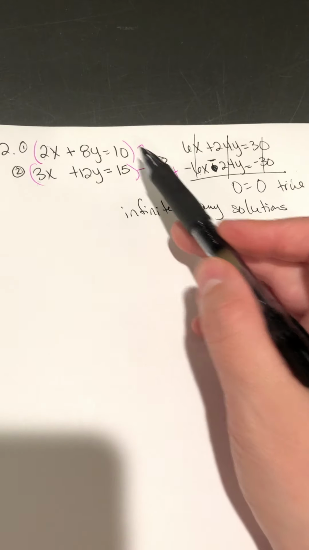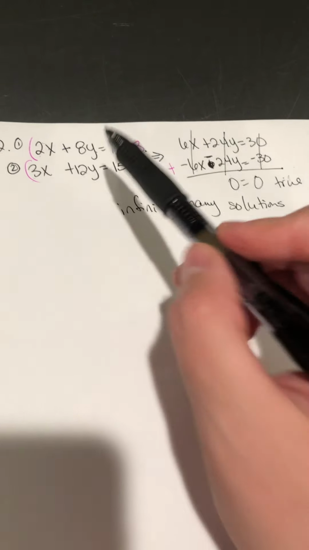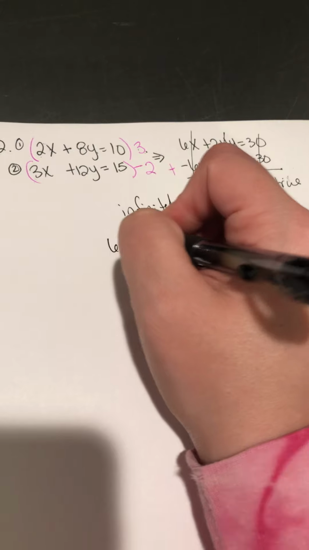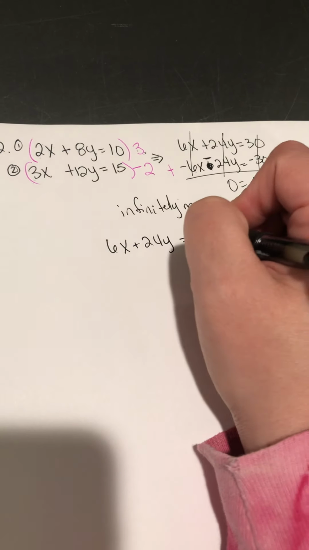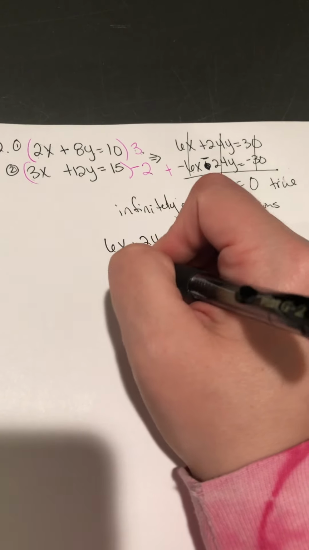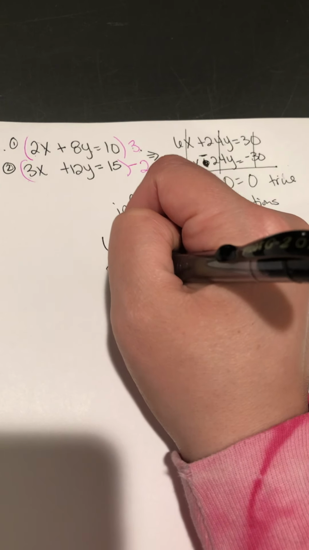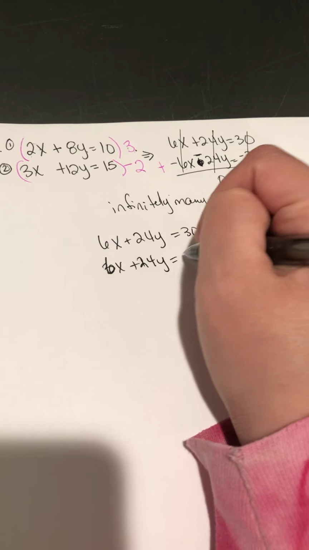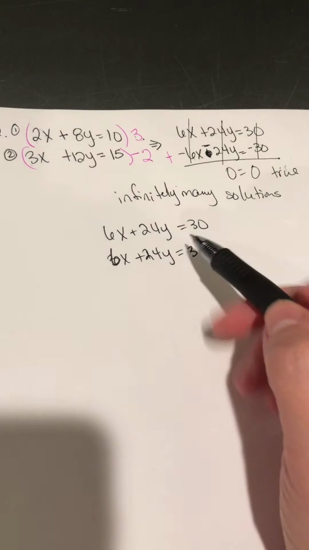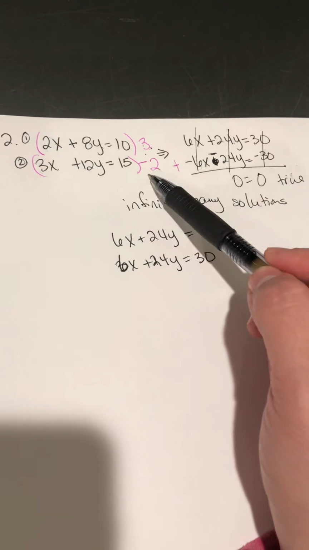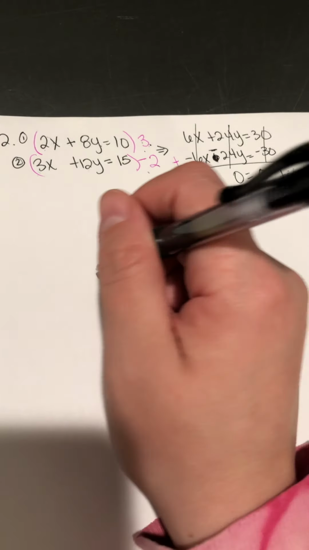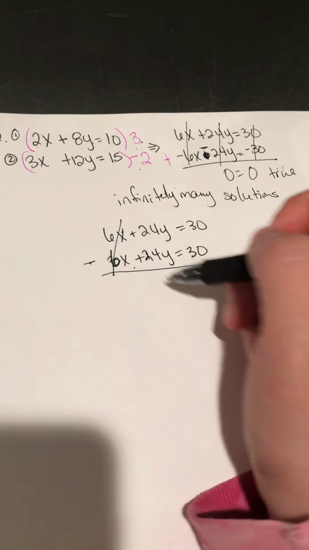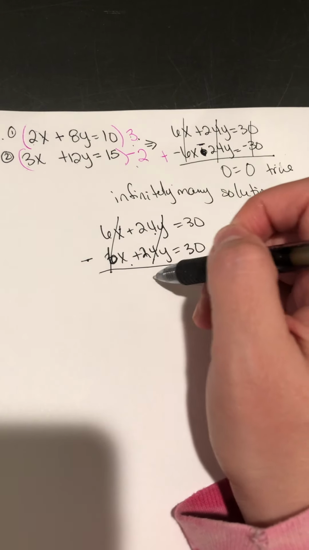Now, if you didn't multiply one of these by a negative, let's say I did this by 3 and this by 2, I would have 6x, they would be the same. Oops, not 3x. 3x plus 24y equals 30. So if I just did 3 and 2, positive, then when I subtract, I'd have 6x minus 6x is gone. 24y minus 24y is gone.